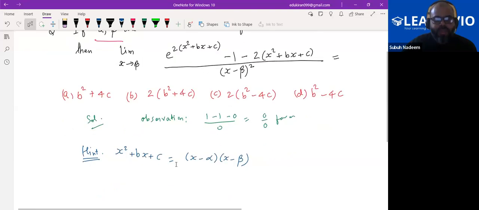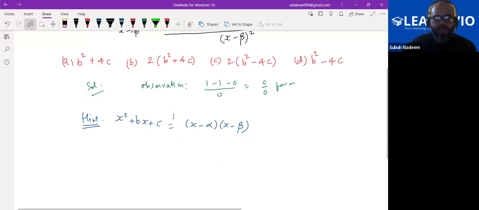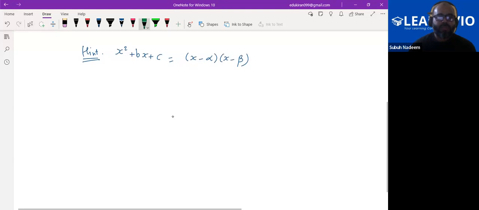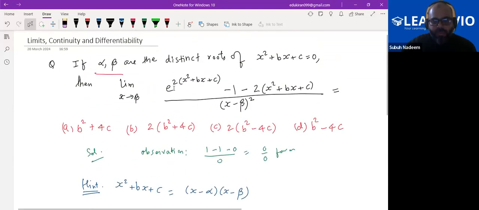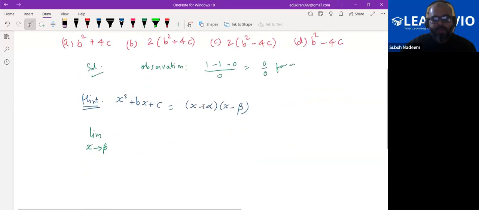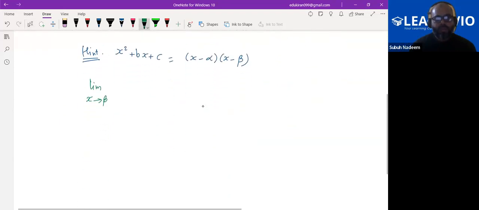So how can you express this question now? The same question can be expressed like this. Limit x approaching beta, and then we have e to the power 2 x minus alpha into x minus beta.